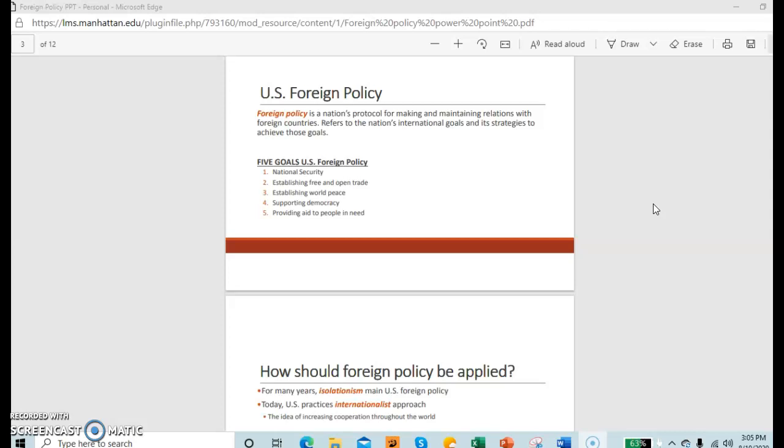Number three is establishing international or world peace. One of the key instruments of doing this is the United Nations, specifically Chapter 7 of the UN Charter, which provides for the Security Council of the United Nations to act in the event that there is a threat to international peace.